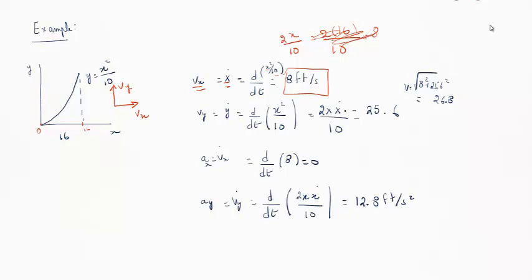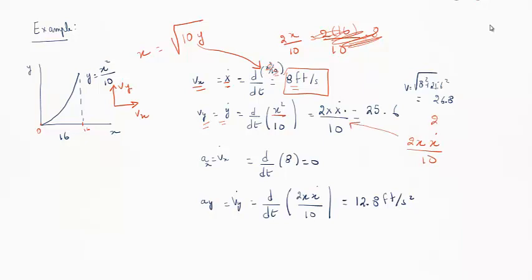Oh no, sorry, this is wrong. Actually, here x equals the square root of 10y. So this goes in here, and solving the derivative we get 8. Now vy is y dot, which is d/dt of x squared over 10. It's going to be 2x x dot over 10, as you see over here.